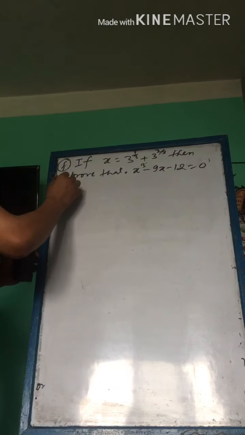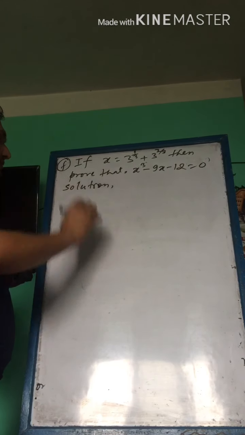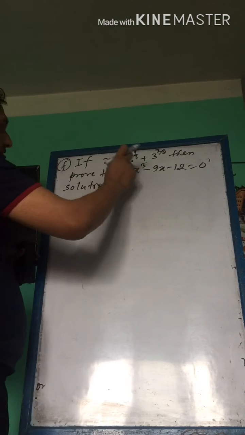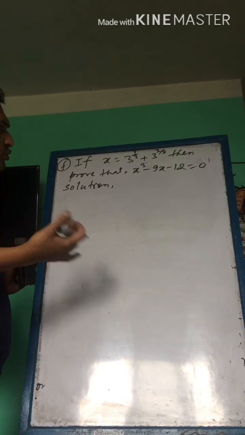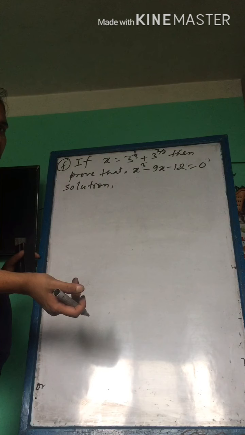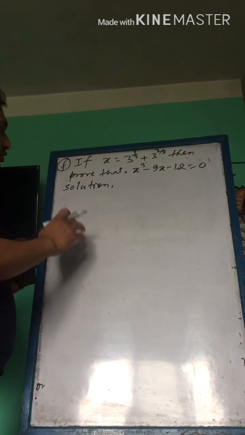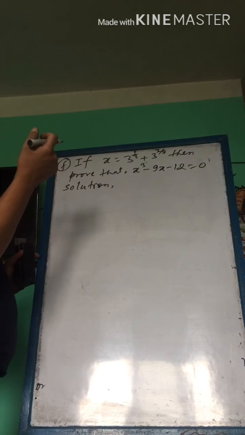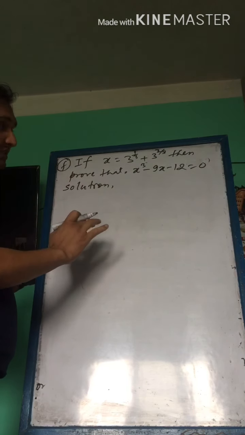So let us start the solution. From this condition we have to bring this. You can do this in two, three ways. Let me tell you an easy way so that it will be easy for you also. You better start from the given condition.